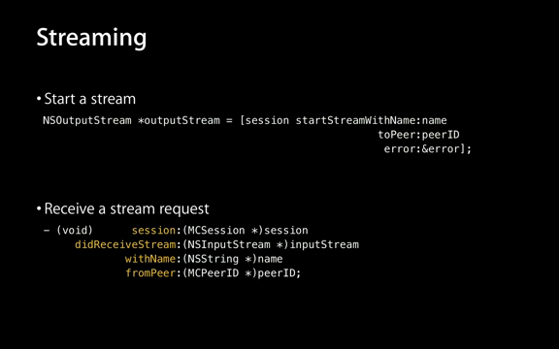The second parameter will be an NSInputStream object that the recipient can use to receive data. The third parameter will be the name for the stream that the sender specified. And the fourth parameter will be the peer ID of the sender.